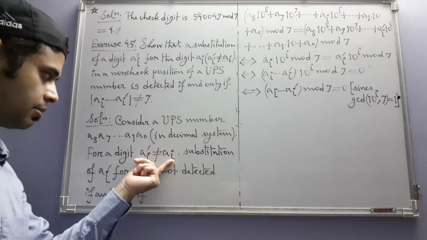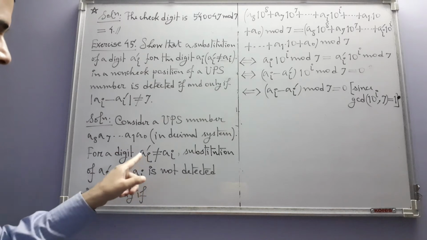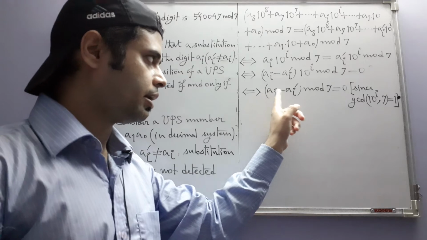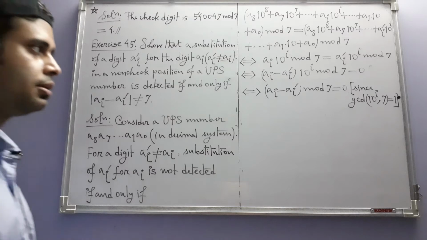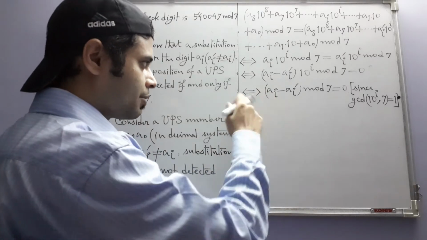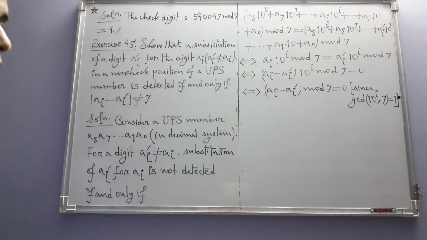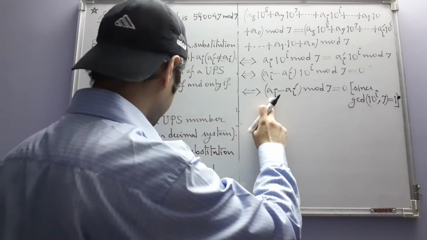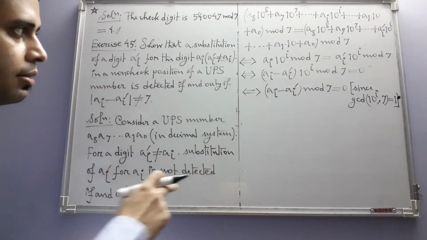Now notice AI prime and AI are not equal. They are decimal digits, but they are not equal, and yet their difference is divisible by 7. Since they are decimal digits, at most they can be 7.